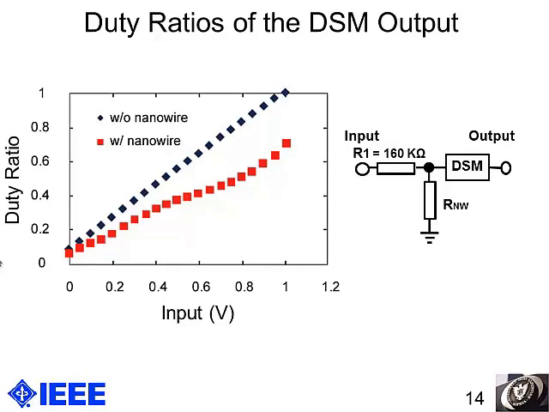The duty ratio obtained from the chip with the nanowire is about two-thirds that observed for the chip without the nanowire, because the input voltage was divided by resistors R1 and R nanowire. This was confirmed by the fact that R nanowire is approximately 200 kilo ohm, being almost the same as that of R1.